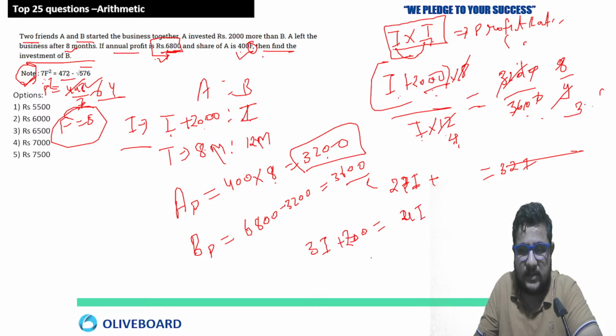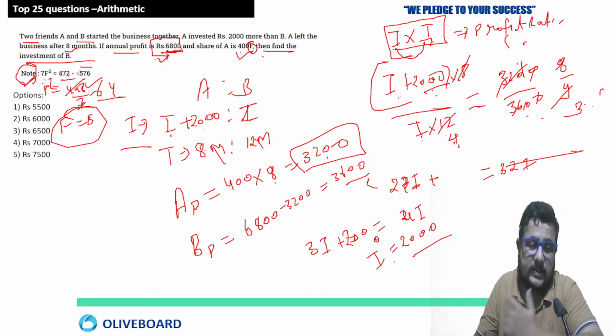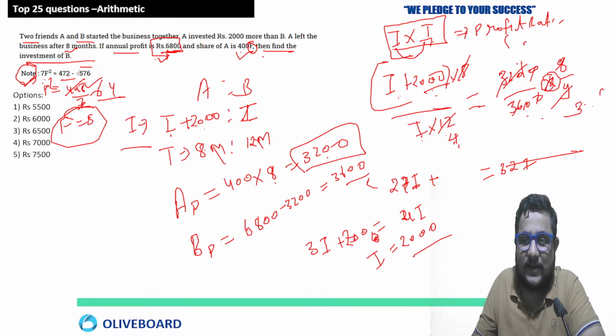Now 4I minus 3I, so I is equal to 2000. Yes, that's it. Actually, when I cancelled, the second time I put the multiple here mistakenly.